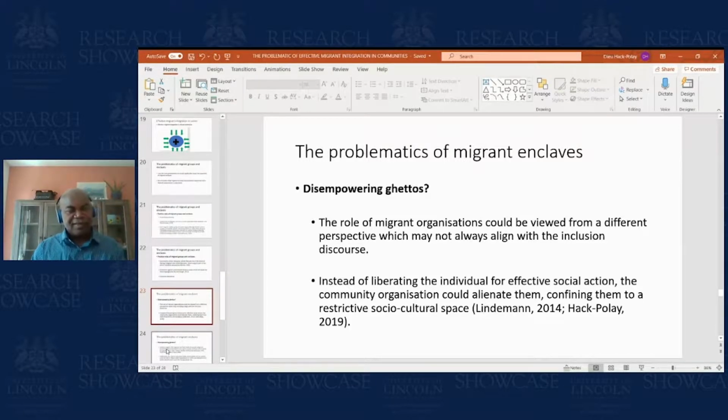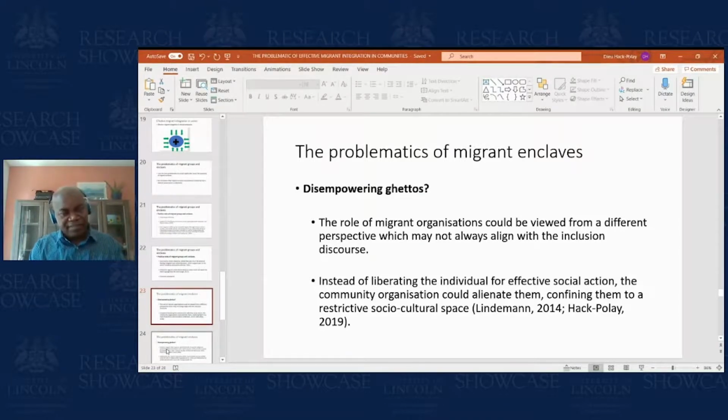They become places where the migrants usually are left on their own with a hard or significant level of poverty and sometimes illiteracy, lacking of training, and so forth. So those migrant organizations will tend to over-reassure and look after the new migrant, and therefore causing them to be fairly dependent on those migrant organizations.